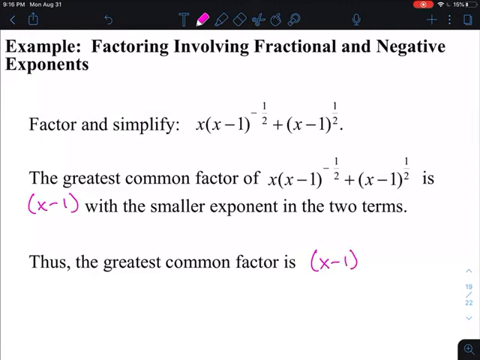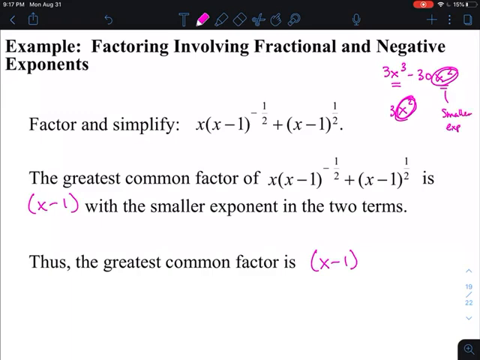If we went back to that previous example that we had, when we had that 3x to the third minus the 30x squared, when we looked at something like an x to the third and an x squared, what got factored out would have been an x to the second power, which would be the smaller exponent.